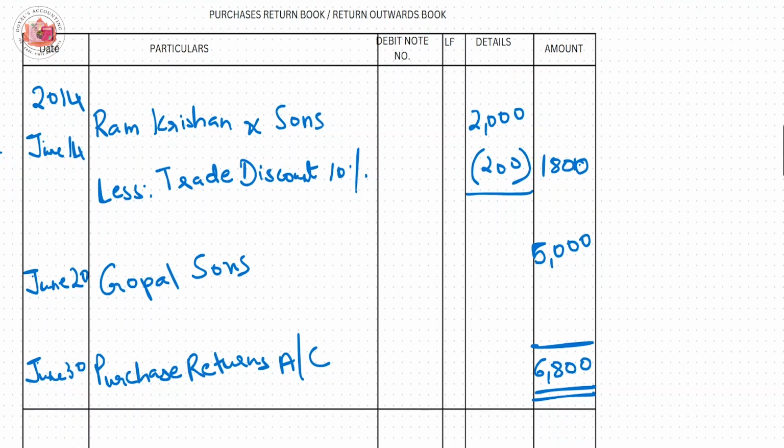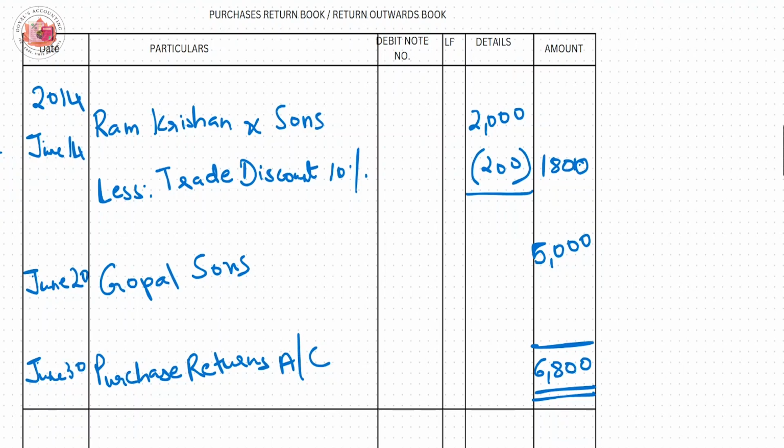Now, like in the previous lecture, we have to make supporting ledger accounts. So I will open a ledger account in the name of Ram Kishan and Sons, then one more in Gopal Sons, and the next in purchase returns account. Note that purchase returns account in nature is a credit account. Its balance will always come on the credit side. Why?